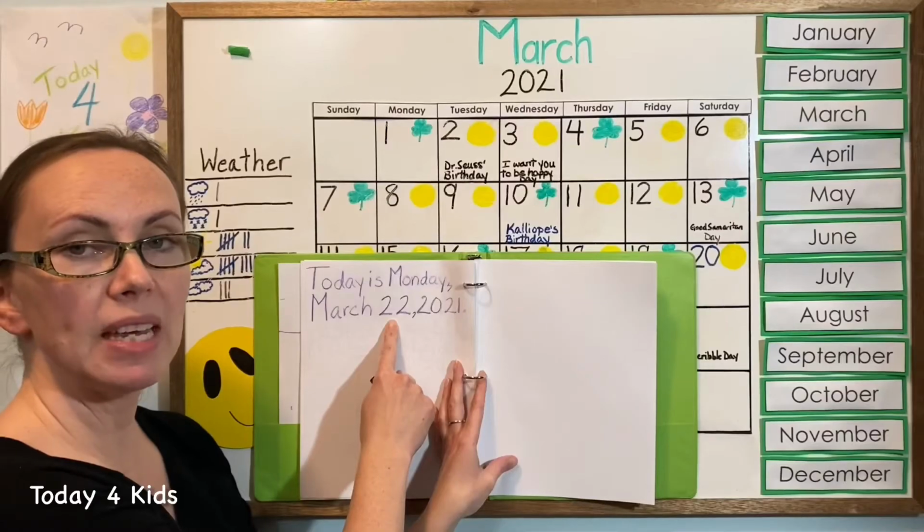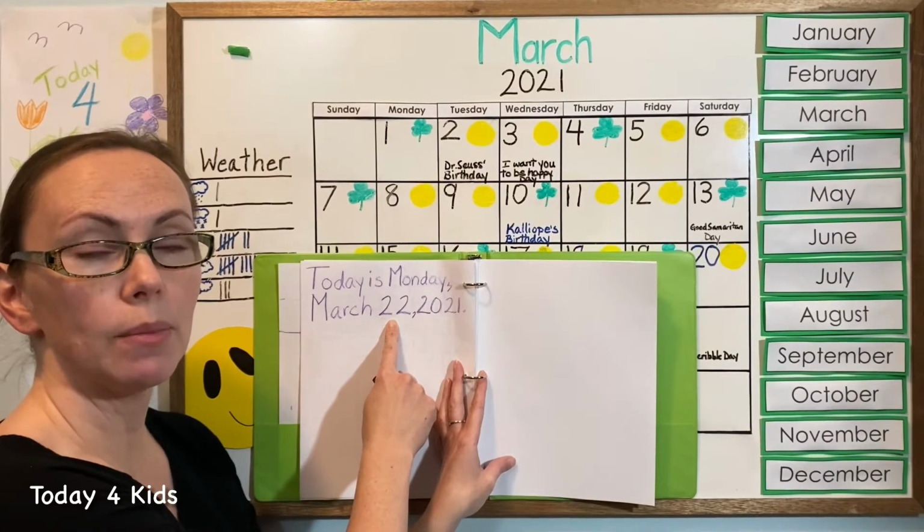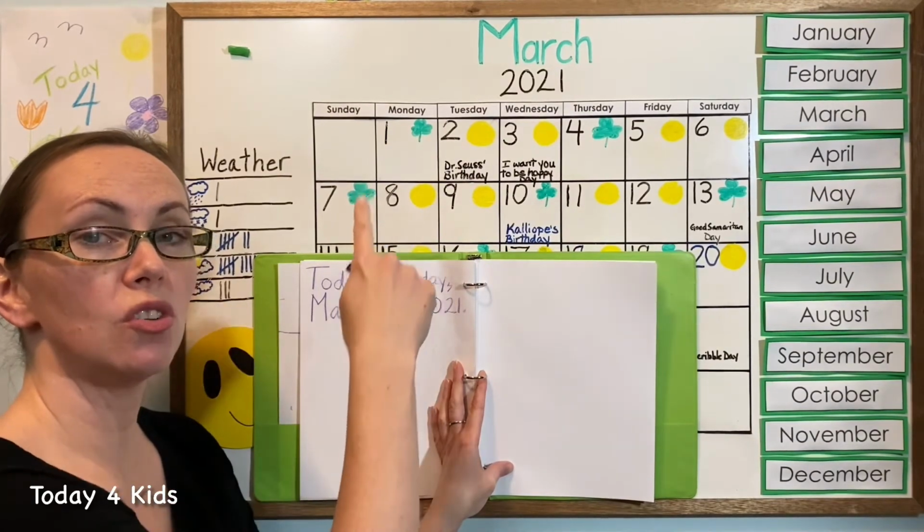Next, I'm going to make all my numbers up to 22. I want to practice making my numbers every day so I get really good at them. You can practice on your paper or you can do them in the air with me.